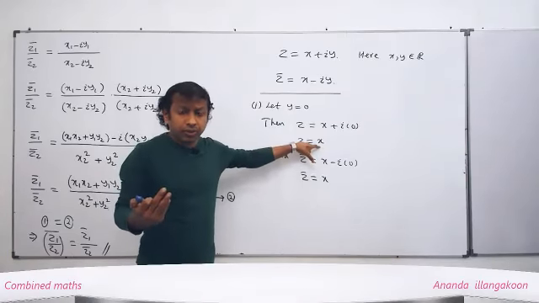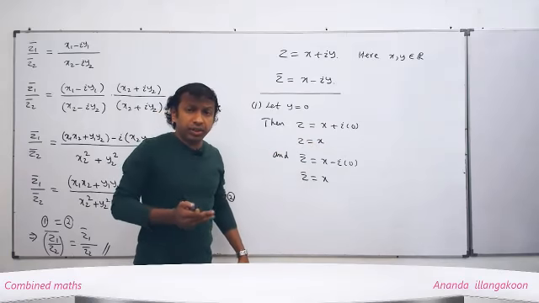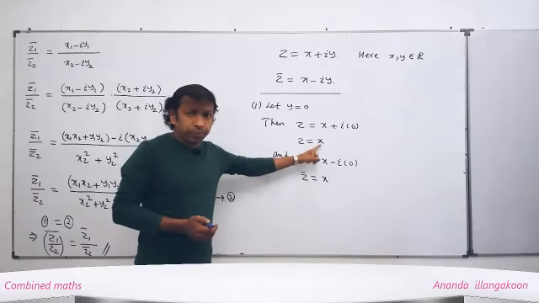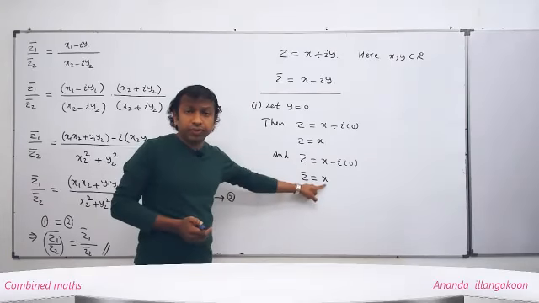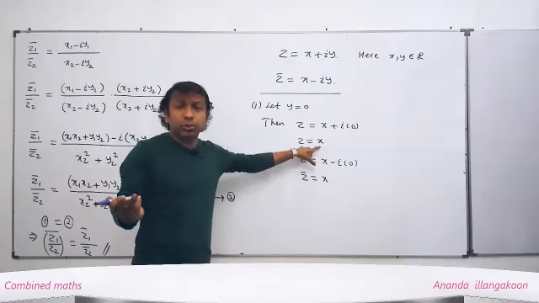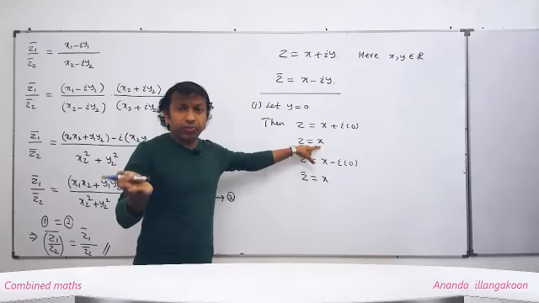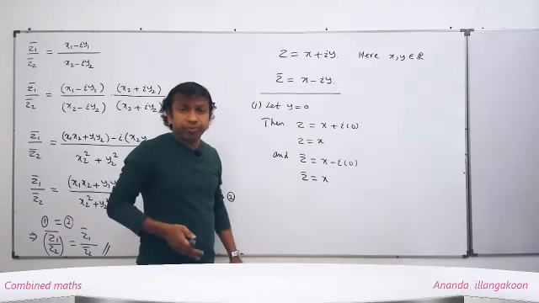In this way, people, the complex number is purely real. By this result, we get the relation for the conjugate of a purely real complex number: it is the same. Z equals x, where x is a real number like 2, 3, 5, 10. A real number is also a complex number. When the complex number is purely real, its conjugate is the same, right?